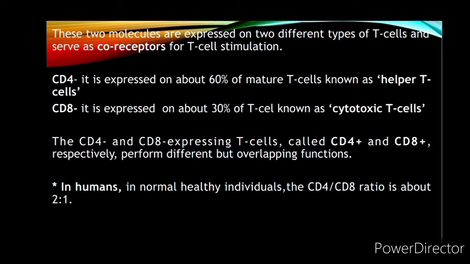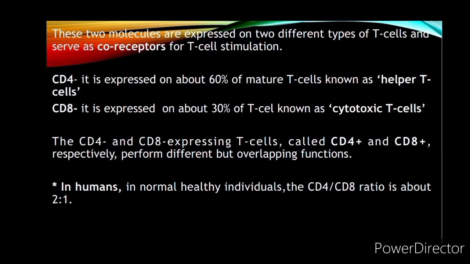T cell stimulation. So the CD4 is expressed on about 60% of mature T cells known as helper T cells, whereas the CD8 is expressed on about 34% of T cells known as cytotoxic T cells.